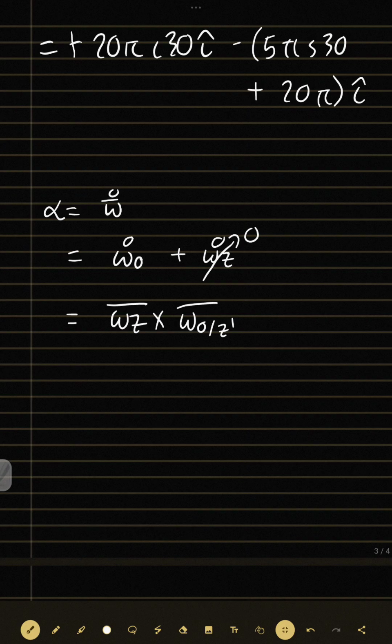But before you do that, both vectors should be expressed in the same coordinate system. You used omega in ijk, and this one also you have to express.